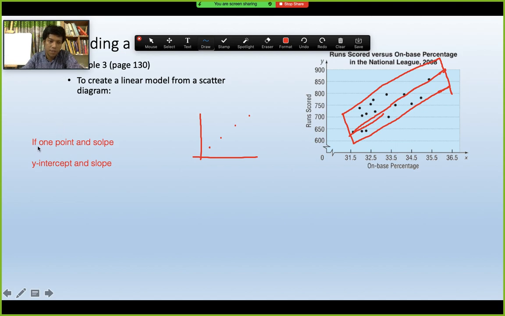And the formula for one point and slope is y minus y1 equals m times x minus x1. And for the y-intercept and slope, the formula is y equals mx plus b.